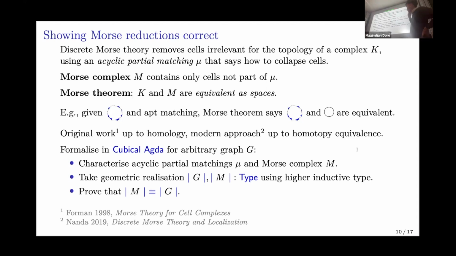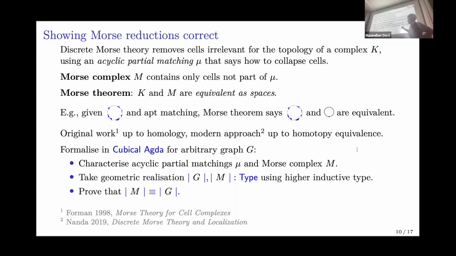The formalization project that I carried out so far doesn't work for very general spaces, and namely it only works for one-dimensional simplicial complexes, which are graphs. The result that I formalized says that if you have some graph and some acyclic partial matching, we'll say what this is in a bit, then we can characterize the Morse complex in some way.